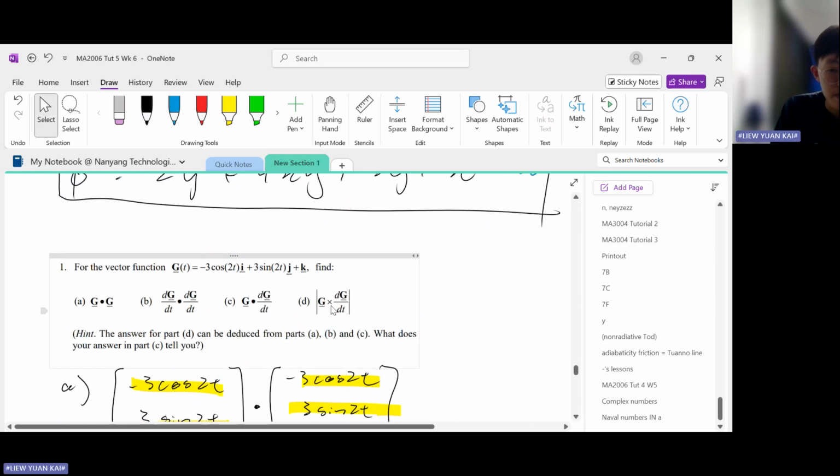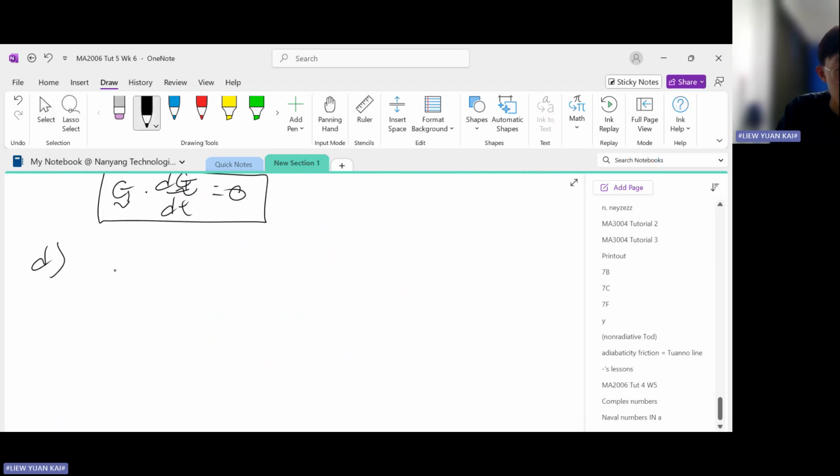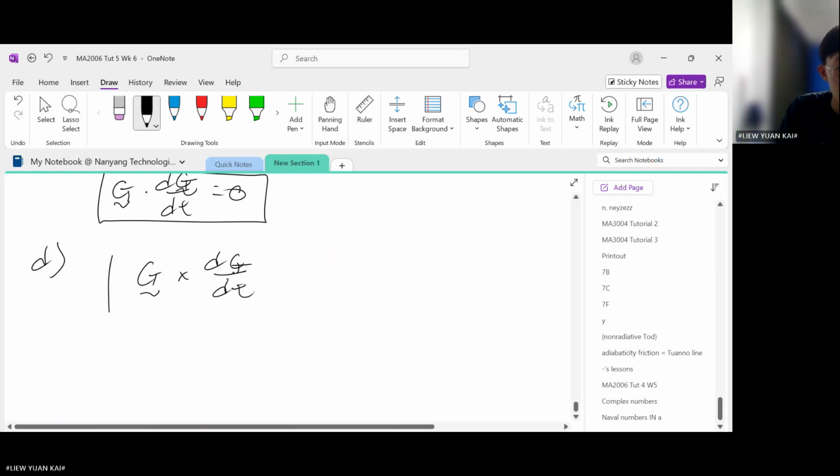Question D states, we want to find the magnitude of g cross dg dt. Okay, so let's go ahead and find it. Magnitude of g cross dg dt. Okay, so one painful way will be to find g cross dg dt.